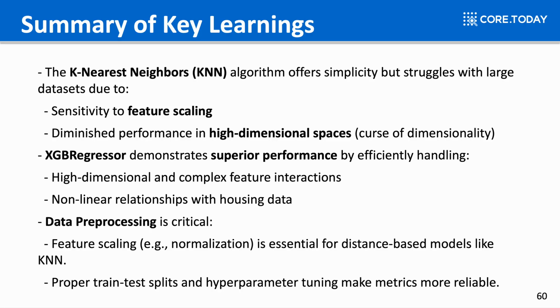Its performance heavily depends on preprocessing like feature scaling, but even with optimization, it's outperformed by the XGB regressor, which excels in capturing intricate data patterns. This emphasizes the importance of selecting the right model for a given dataset and investing time in preprocessing steps.